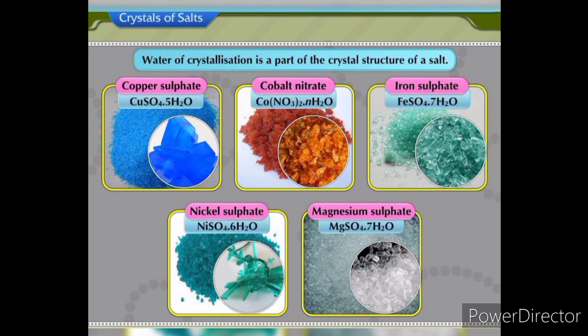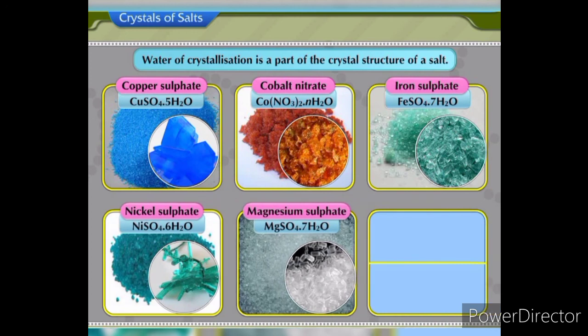Every hydrated salt has a fixed number of molecules of water of crystallization in its one formula unit. Some other examples of compounds with water of crystallization are gypsum, CaSO4·2H2O, and plaster of Paris, 2CaSO4·H2O.